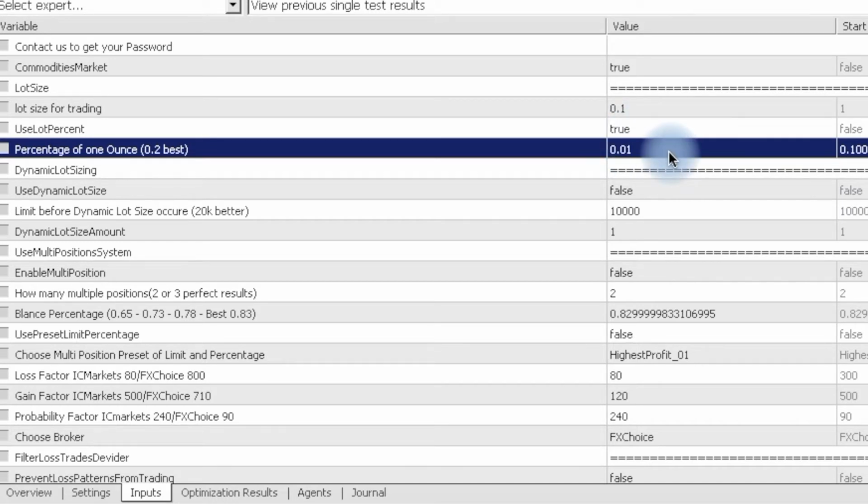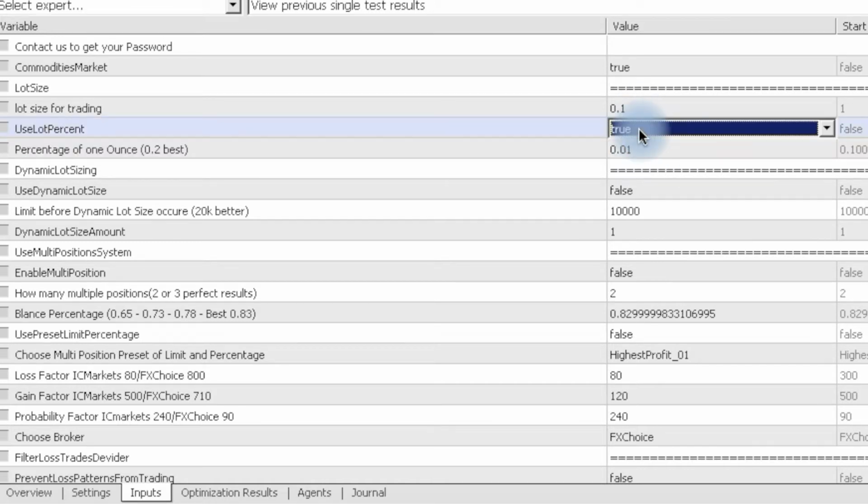So if my balance is say 10,000, I will use for example 1. Then if it goes to 20,000, then we'll use 2. If it goes to 100,000, I'll use 10. So this is dynamic, so I'll just switch that off back.